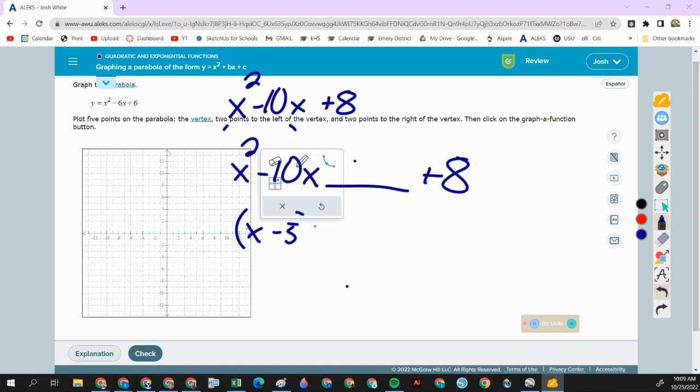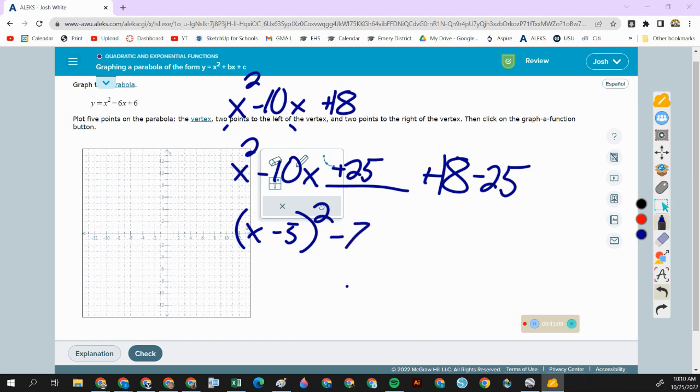X minus 5 squared. This is going to be 25. Oh, let's make this an 18. And now I need to subtract 25 so that everything will equal out. So this becomes a negative 7.